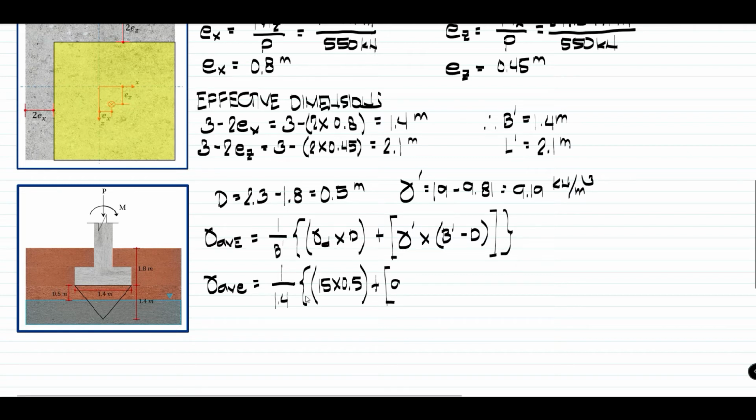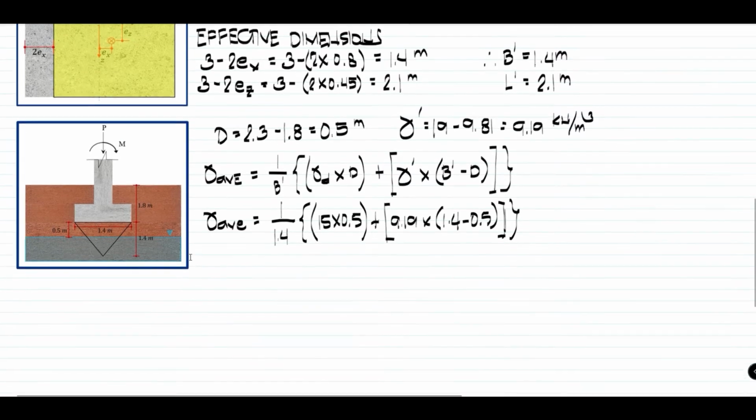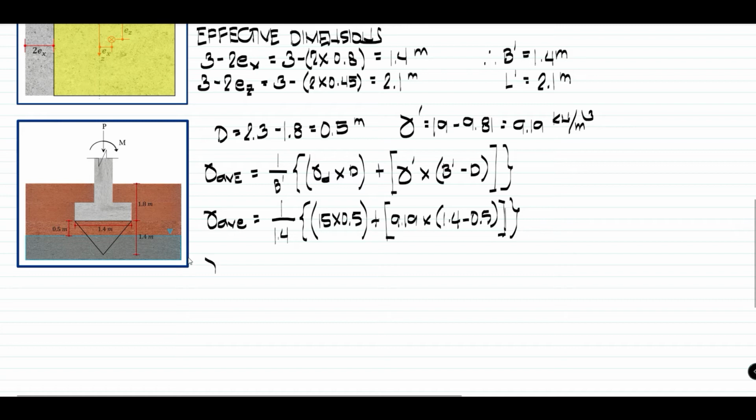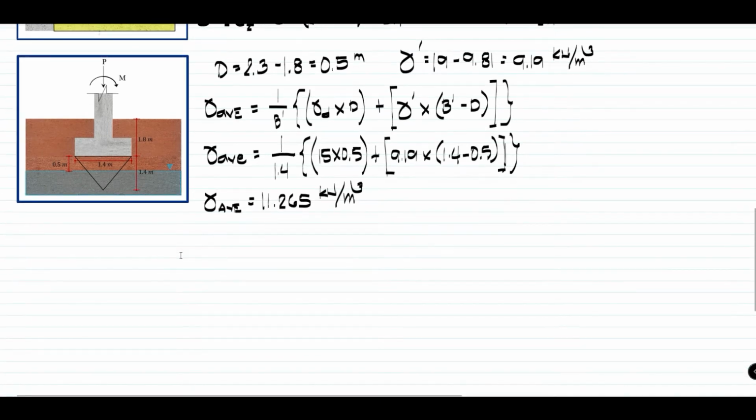So ito, this is 9.19 times yung B prime natin, 1.4, minus 0.5. So, our gamma average now will just be equivalent to a value of 11.265. This is in kilonewton per cubic meter. So yan na ngayon yung ating gamma average. Next in line na kailangan nating kunin is yung overburden pressure.